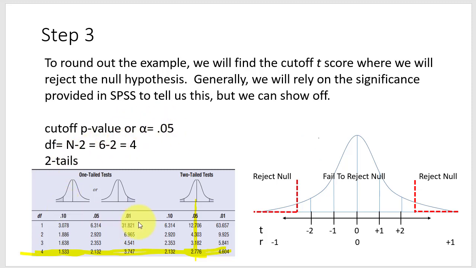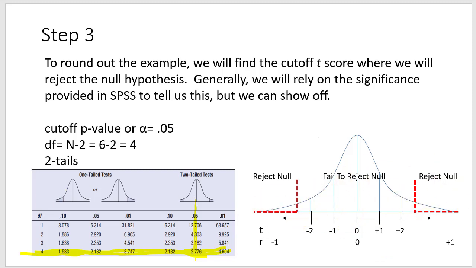So we look at our t-table, and we find our 2-tailed test at the 0.05 alpha level. With 4 degrees of freedom, our cutoff is 2.776, plus or minus 2.776. We will plot our sample's t-score on this to determine if it is significant.